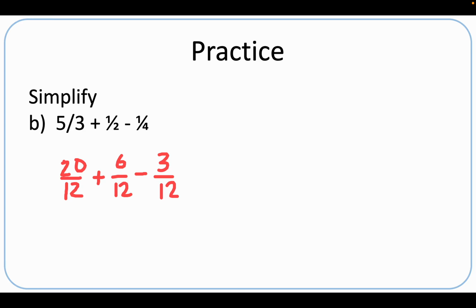And then we're just looking at our numerators. 20 plus 6 is 26, minus 3 is 23. 23/12. But this is not simplified, so 12 goes into 23 one time, and there would be 11 remainder, so 1 and 11/12. That's our final simplified answer on that one.